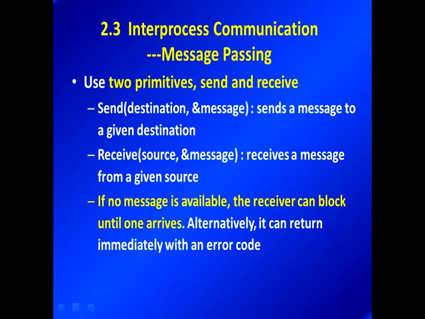And the third issue relevant to inter-process communication is message passing. For this part, it's comparatively much simpler than the first two issues, because we can just use two primitives to send a message to another process or receive a message from another process.